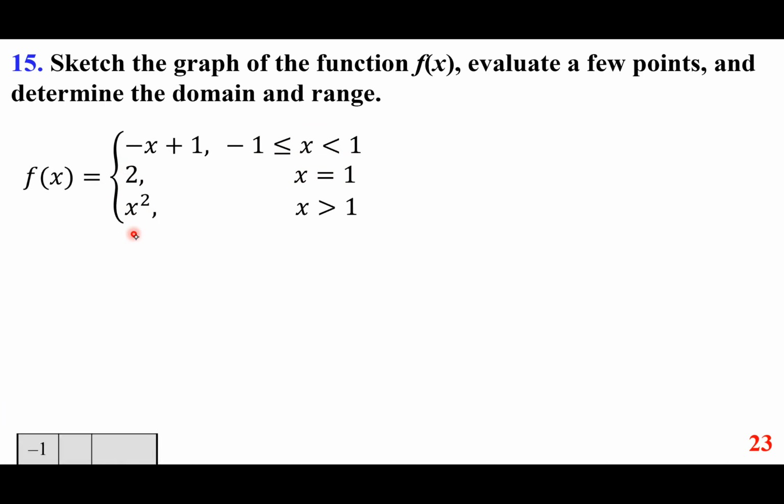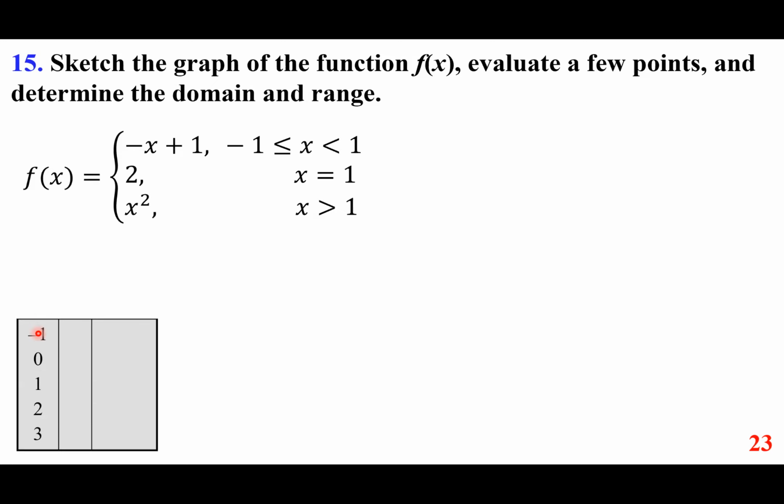So for example, if x is negative 1, that means we are in this portion of the graph, because when x is between negative 1 and 1, we have to use this function. So if I plug in here, minus negative 1 makes it 1 and 1, 2. If I plug in 0, I have to plug it in here and get 1, because again, 0 is between negative 1 and 1.